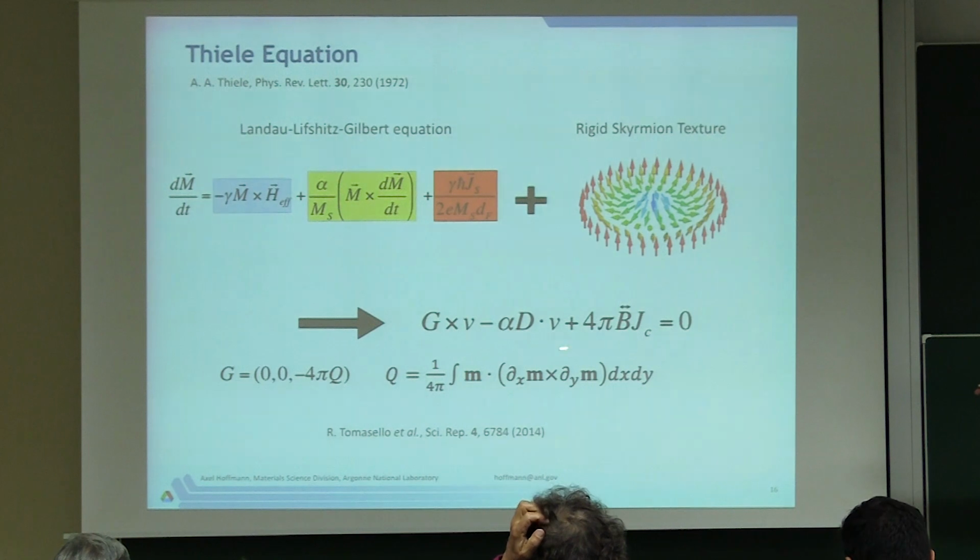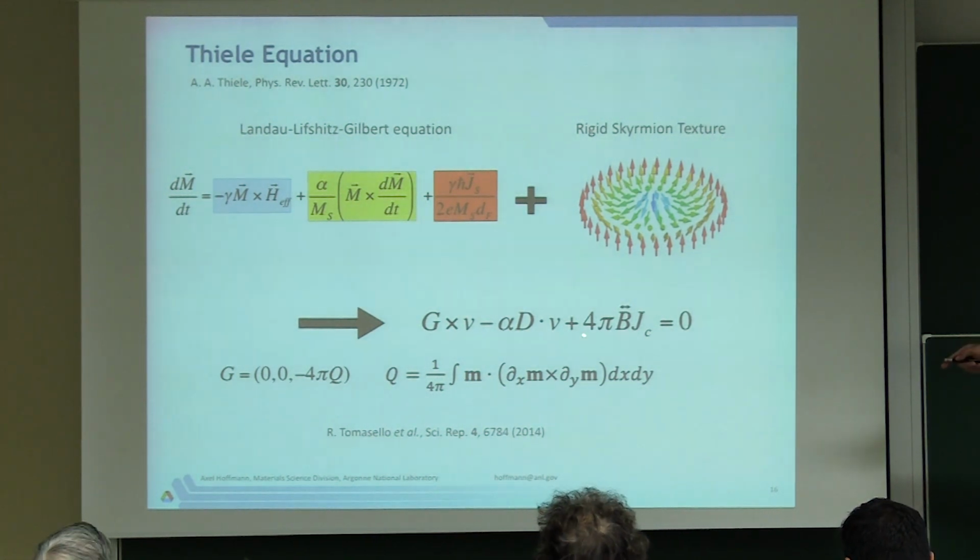In the simplified form, there are essentially three terms that are important. One is a driving force that's given by an electric current. The tensor here that describes what force you get when you have a current in the system depends on lots of details, and I'll come to that in the next slide. Then you have a dissipative term, which gives rise to damping and slows down skyrmions, given by magnetization damping.